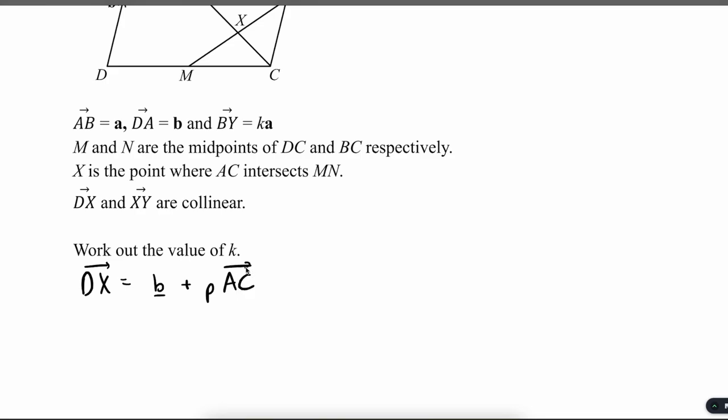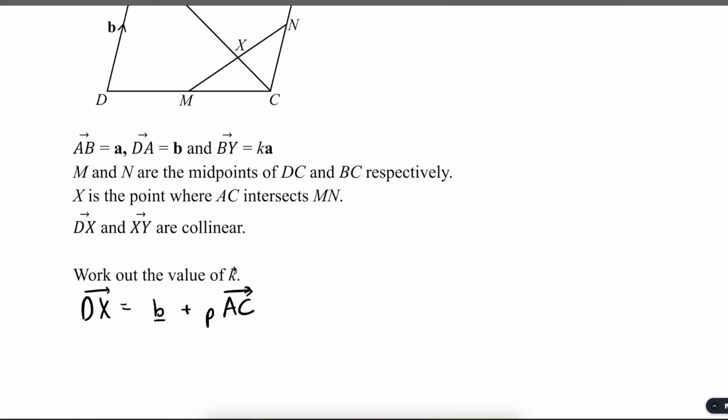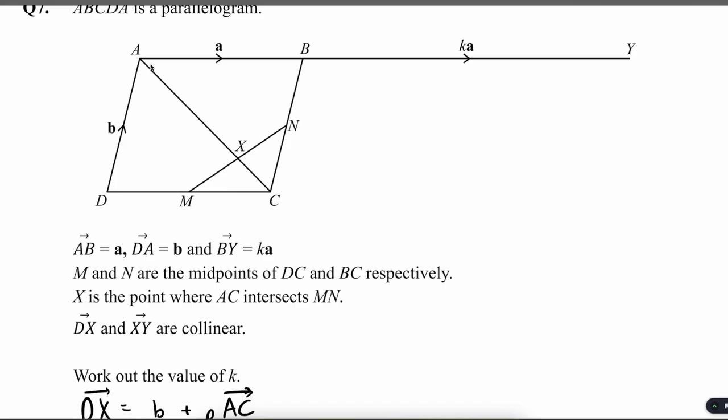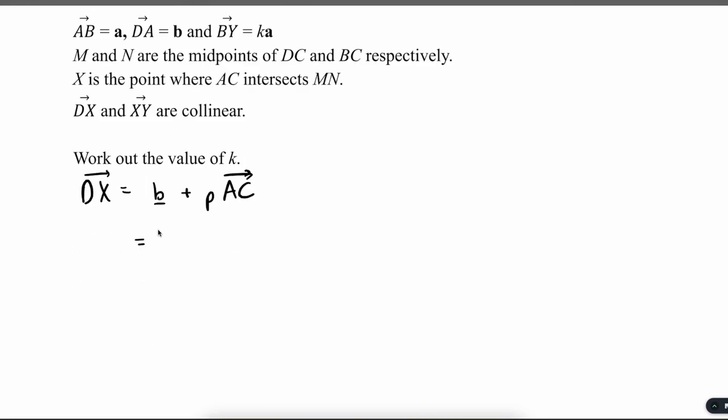And p is our scalar parameter, because we don't know how far along the line X is, so we'll leave it like that. Now, to find AC, AC is going to be a minus b, because this is a parallelogram, so we know that this is also b, and this is also a. So AC is a minus b, so let's put that in.